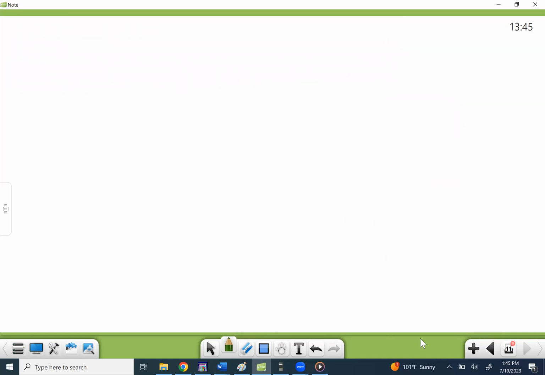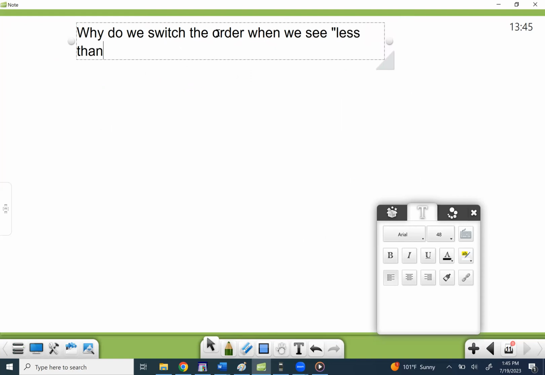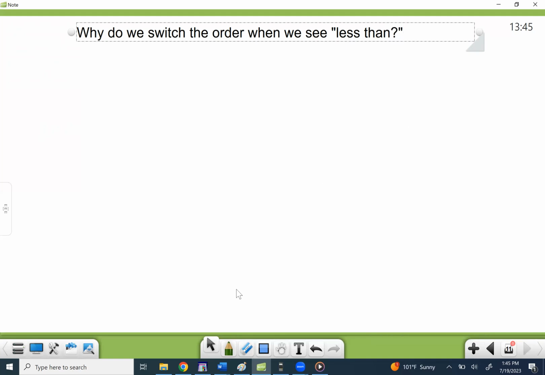Why do we switch the order when we see less than?